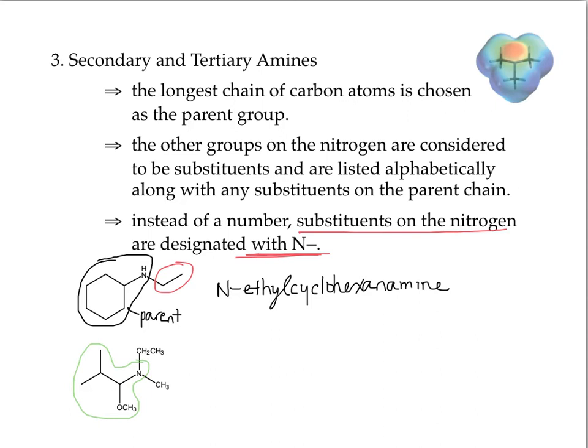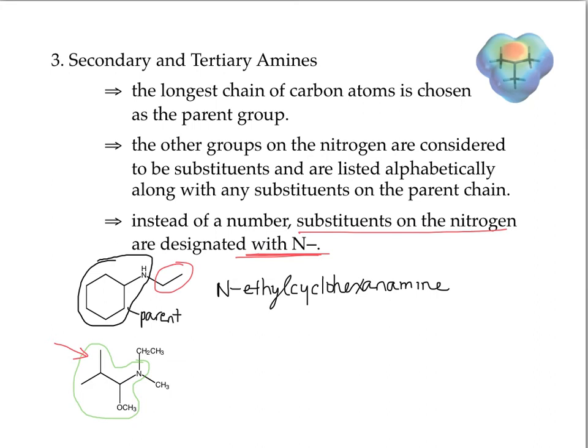It will have an ethyl substituent on the nitrogen and a methyl substituent on the nitrogen. In addition, if you look at my chain, I also have a methyl substituent on the chain. So I'm going to have, in effect, a dimethyl substituent. One of them will be a number, and one will be an N, telling you where the methyls are.